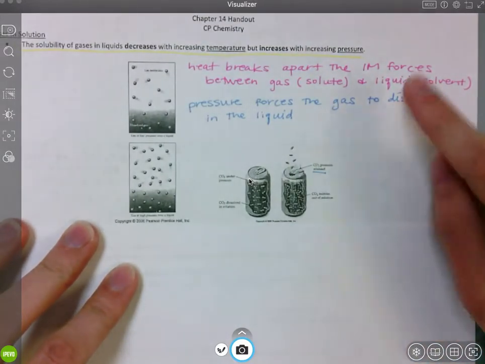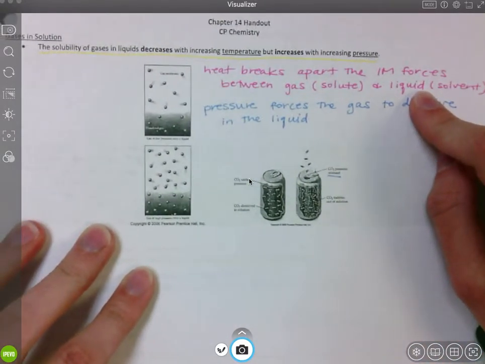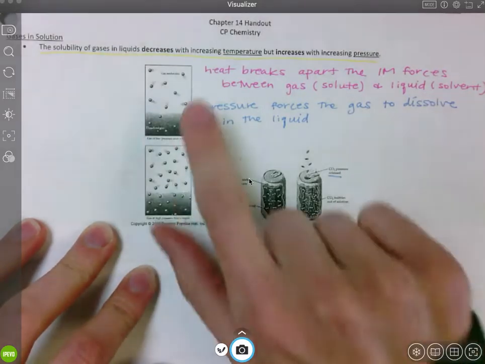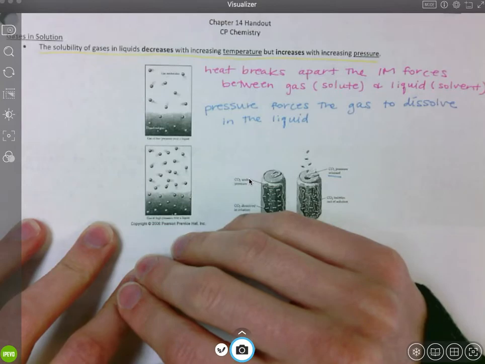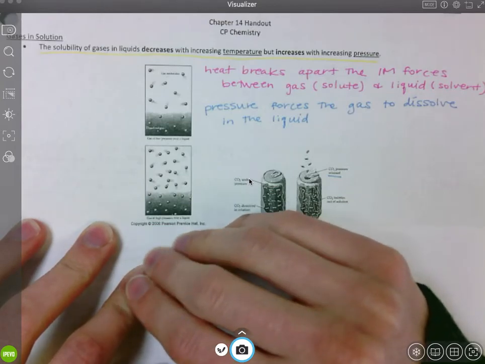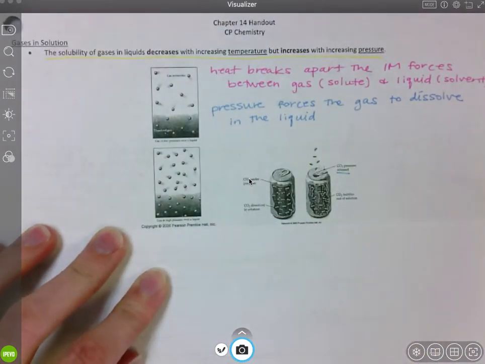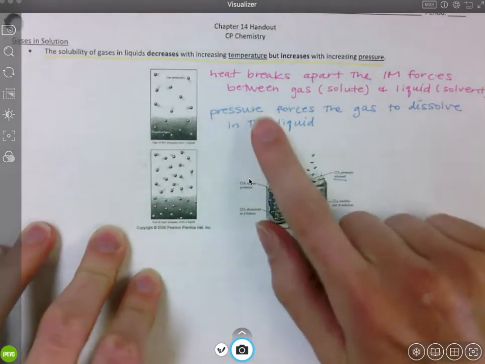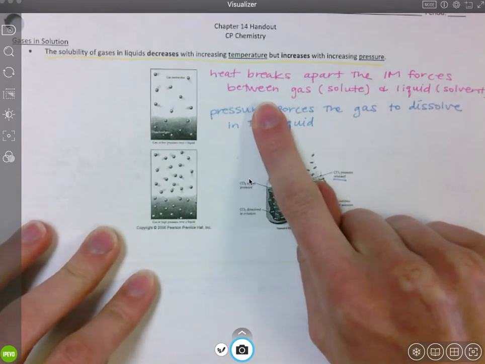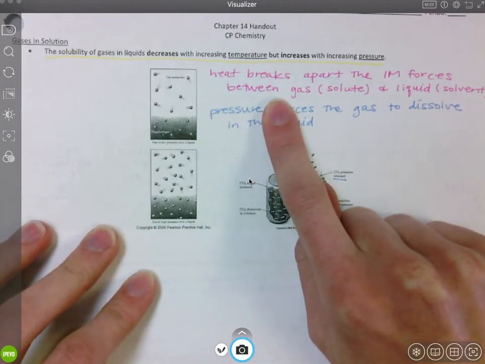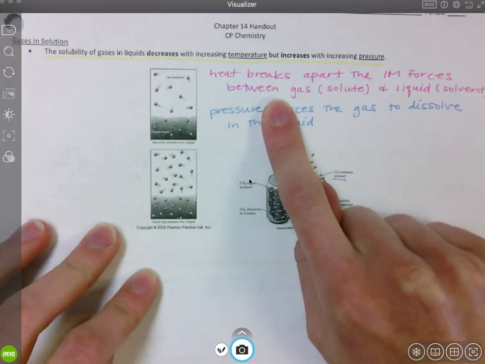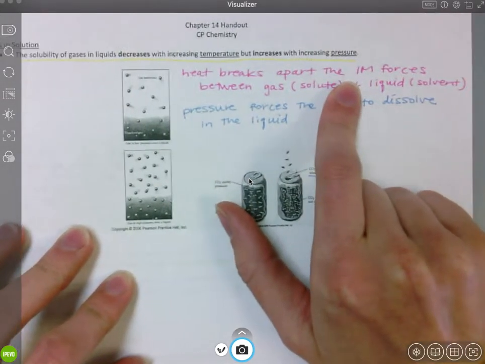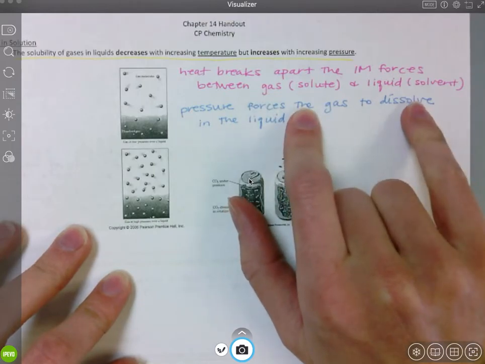In terms of our solubility of a gas decreasing with increasing temperature, solubility is referring to how readily something dissolves in something else, and if it even dissolves, and how much really. So the heat that we put into our system, that's already in our system, is going to break apart the intermolecular forces between our gas and liquid molecules.